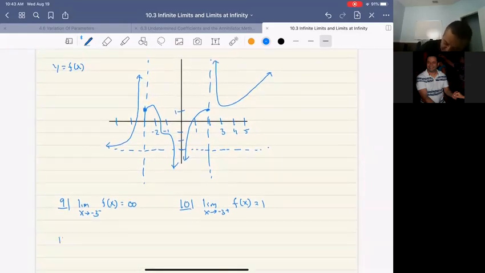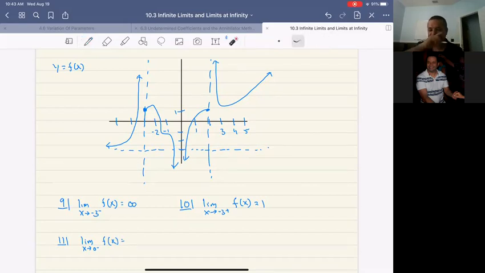Let's do number 11. And it states the limit as x approaches 0 from the left of f of x. So as x approaches 0 from the left, that means we're coming along to this line, we're going along this way.